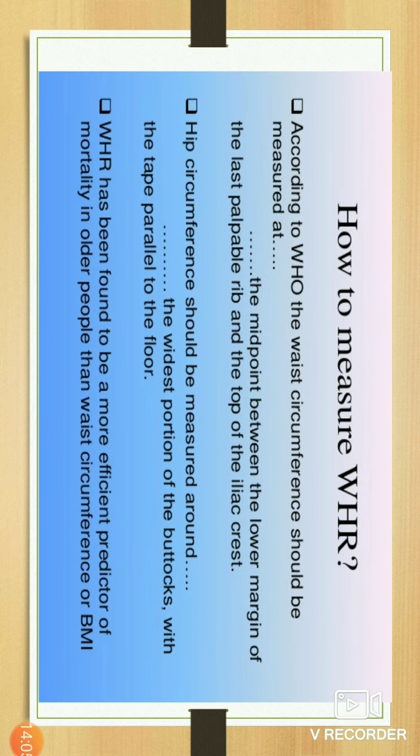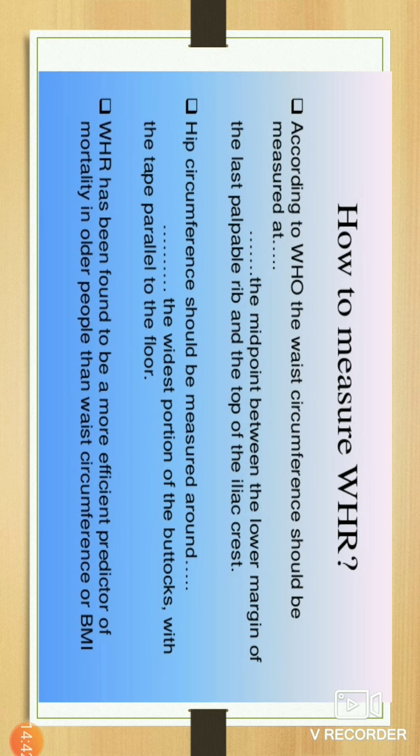Now, how to measure WHR? According to WHO, the waist circumference should be measured at the midpoint between the lower margin of the last palpable rib and the top of the iliac crest. Hip circumference should be measured around the widest portion of the buttocks with the tape parallel to the floor.